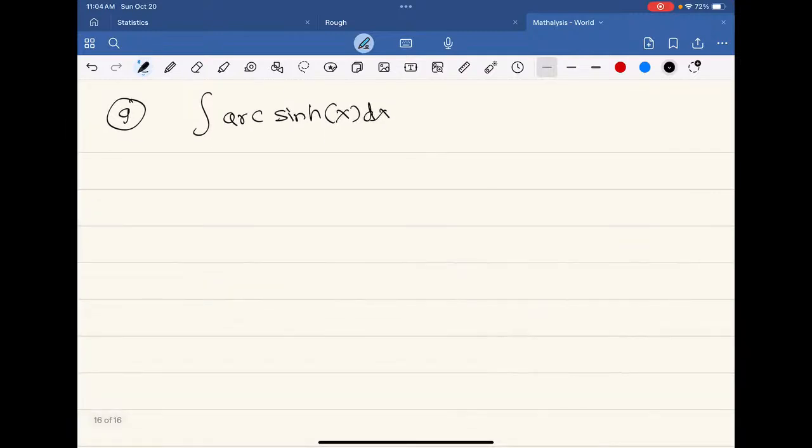Now for this one, we can basically use integration by parts again. So we can use one as v and this as u. Sorry, I mean it's the opposite. Let's make this u and this v.